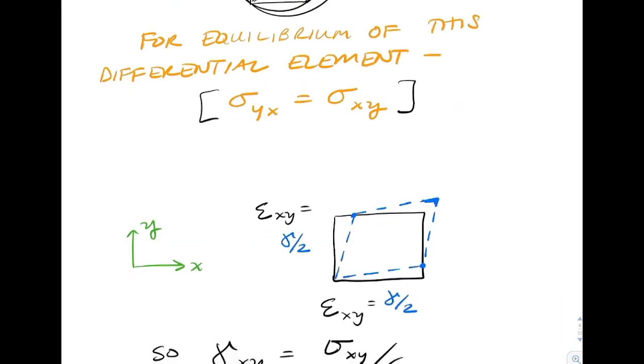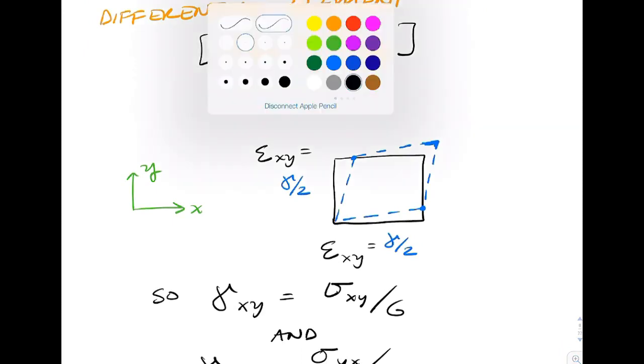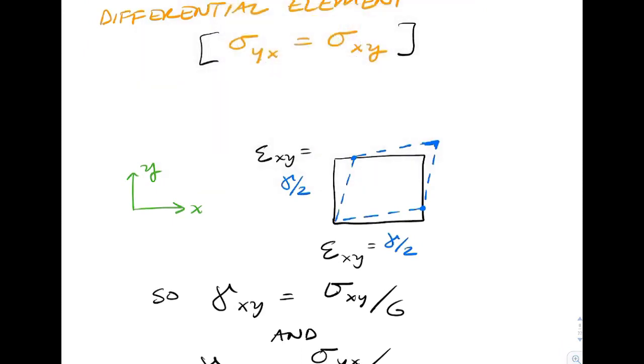In relation to that requirement, we're going to take that angle gamma and rotate it halfway. So we end up with an angle gamma over 2, an angle gamma over 2, and we're going to call that epsilon xy or epsilon yx. This shows up on your equation sheet, and I'll show you where in just a moment.